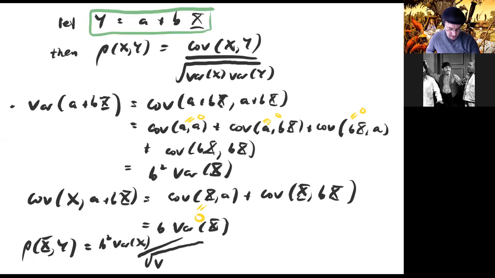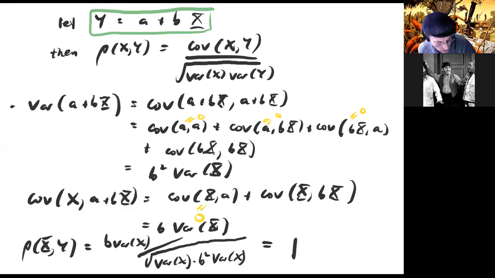The variance of X times the variance of Y, and we know the variance of Y is b squared times the variance of X. I made a slight mistake here. There's a b in the numerator, not b squared, because of what I did on the previous line. So there's a b times the variance of X. Well, anyway, if you do the simple algebra, this becomes 1. So we saw that if Y is a plus b times X, the correlation coefficient is 1.